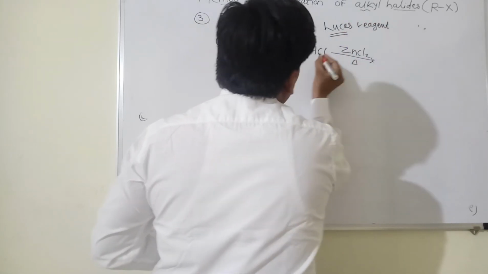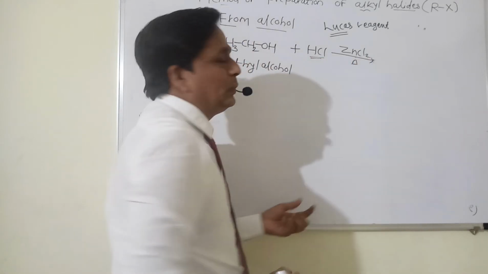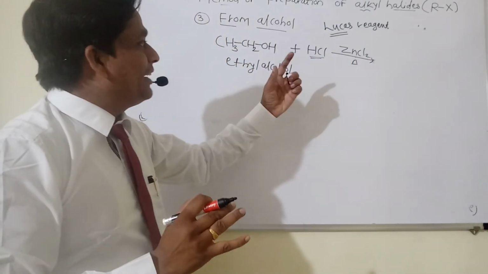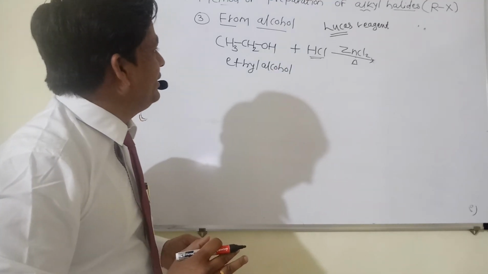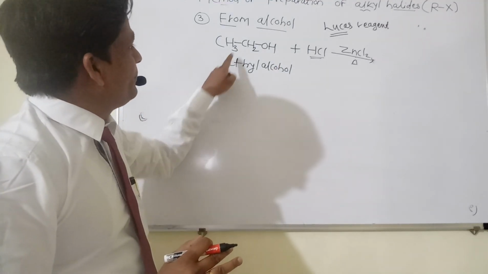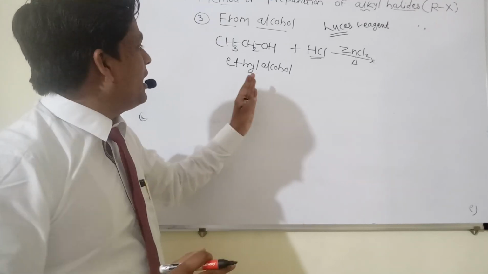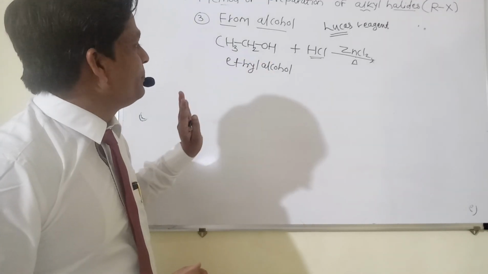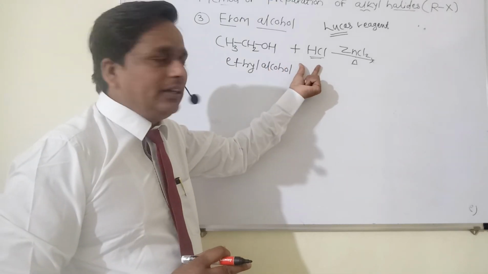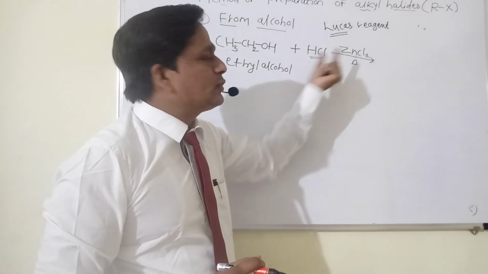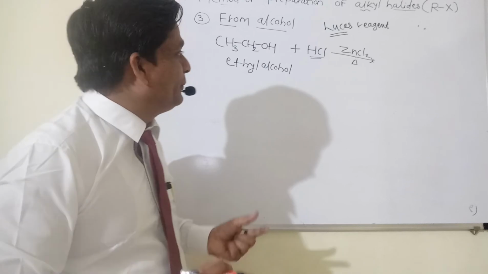If you use HCl and ZnCl2, that combination is the Lucas reagent. Here we see the case of a primary alcohol. Ethyl alcohol reacts with HCl on heating in the presence of zinc chloride, ZnCl2.